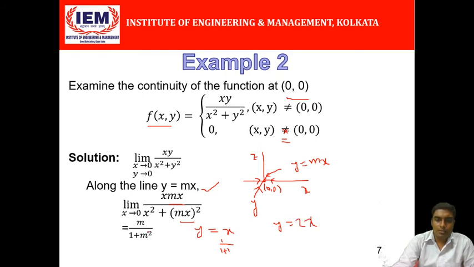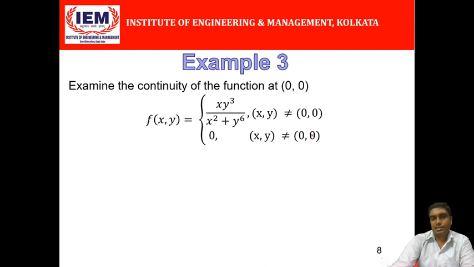Then if I put m equal to 2, it will be 2 by 1 plus 2 squared, that is 2 by 5, right. So by choosing different m values, the limit changes, so this limit is not unique, right. So this function is not continuous at the point 0, 0.